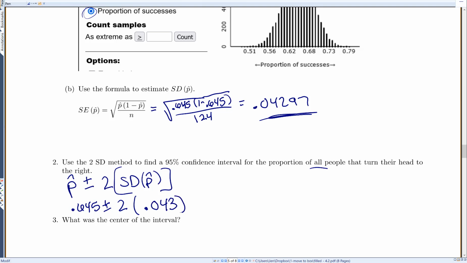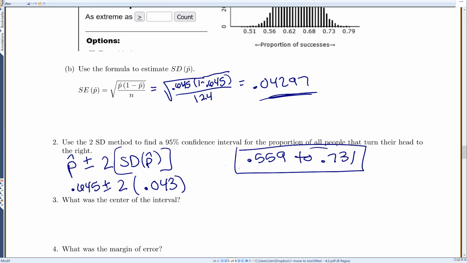So 0.645 minus 2 times 0.043 gives me 0.5592, and now I just do the addition, 0.731. So that's my 95% confidence interval for the proportion of all the people that turn their head to the right. Much easier than testing like 20 different possible values to see if they're plausible or not.